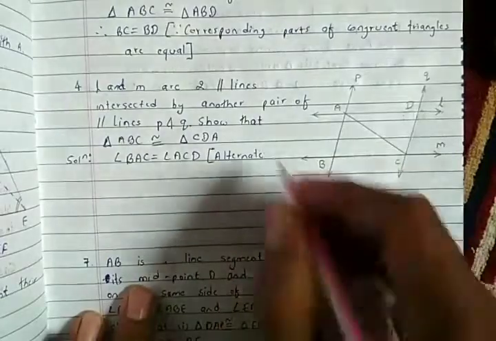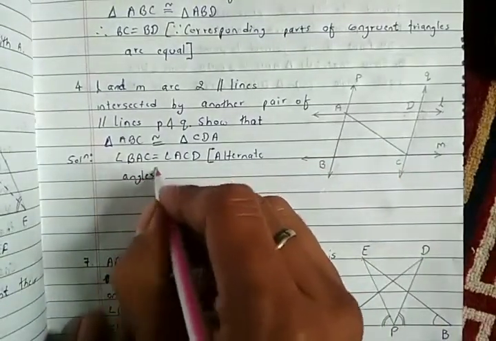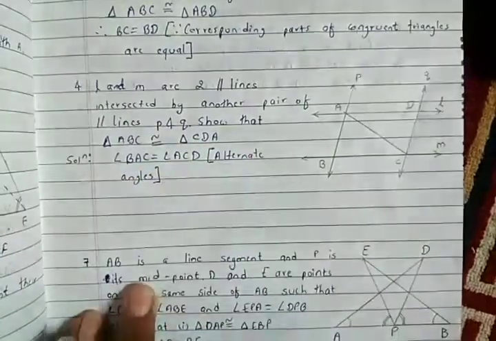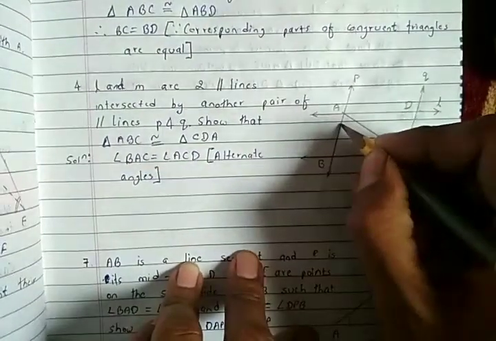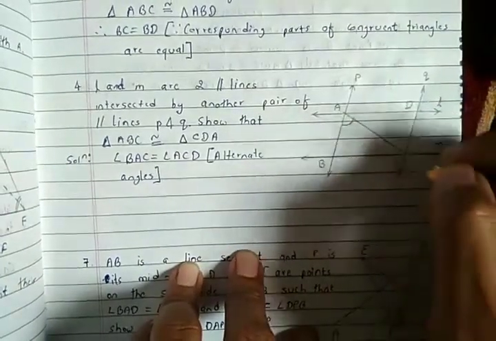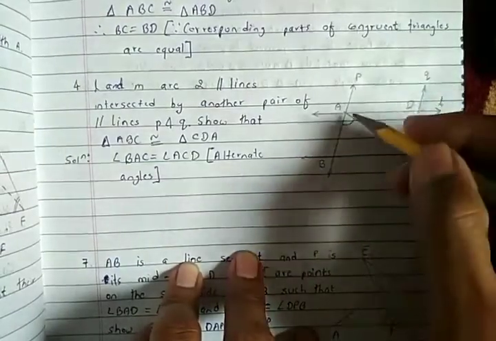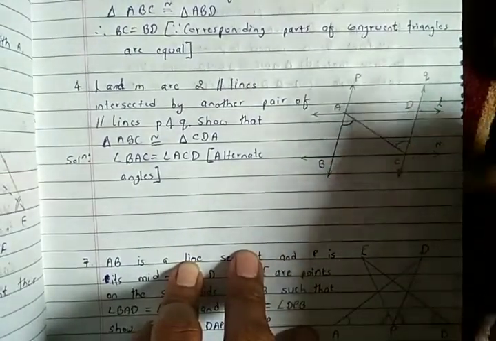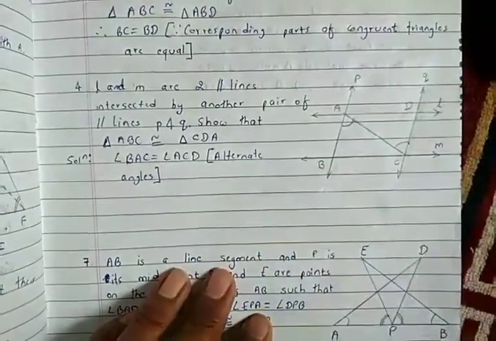We have learned in an earlier chapter alternate angles are equal. Okay, this angle BAC is equal to ACD, right? These two parallel lines, you remember, when they are joined the alternate angles will be equal.